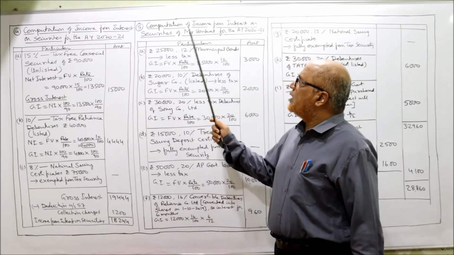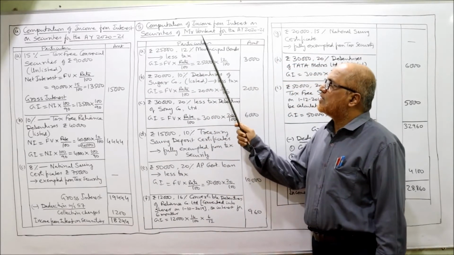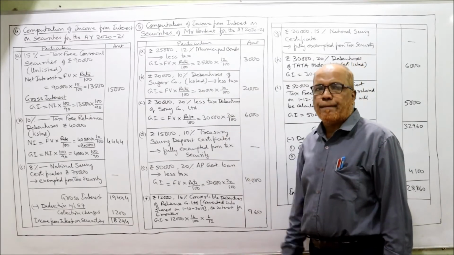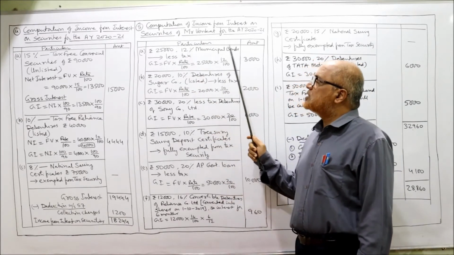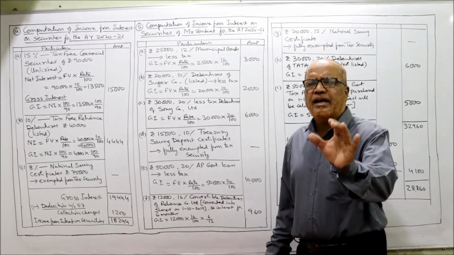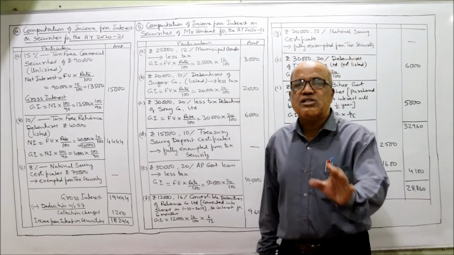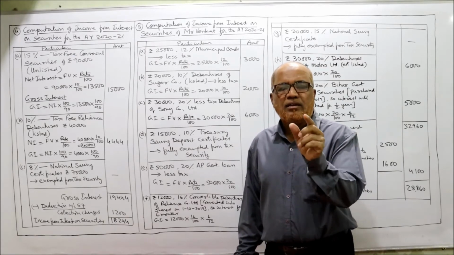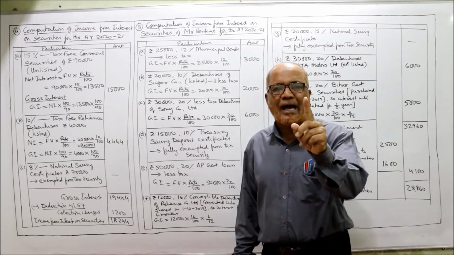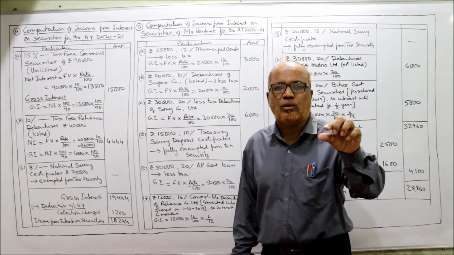Now see, computation of income from security of Mr. Venkat for the assessment year. First, rupees 25,000, 12% municipal bonds. Simply it has given municipal bonds. It has not given tax free or less tax, nothing. So whenever the problem is silent, we have to assume it is a less tax security.